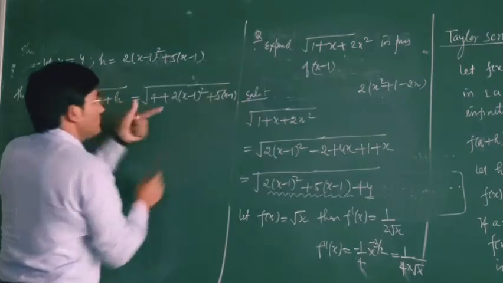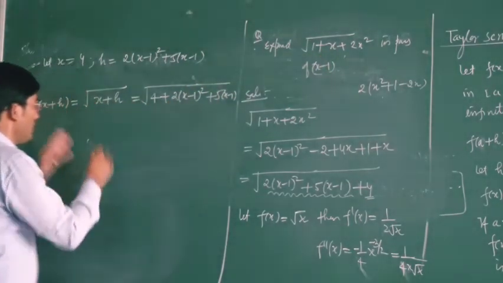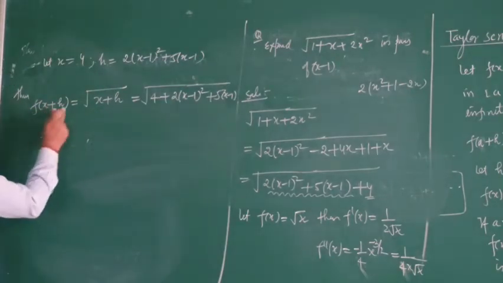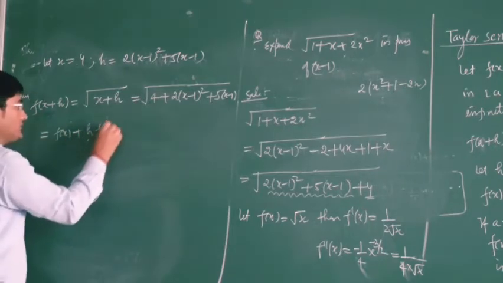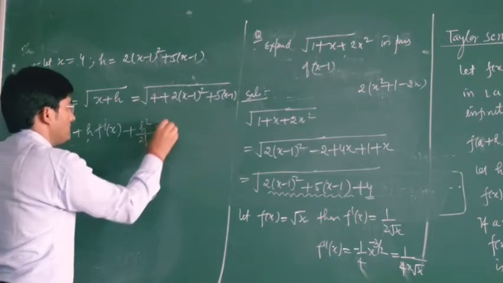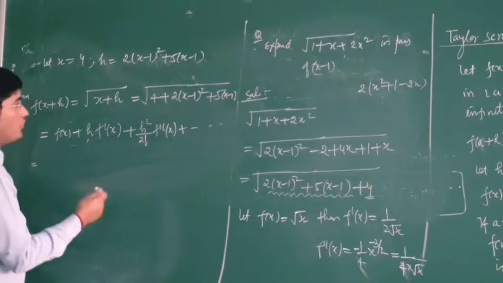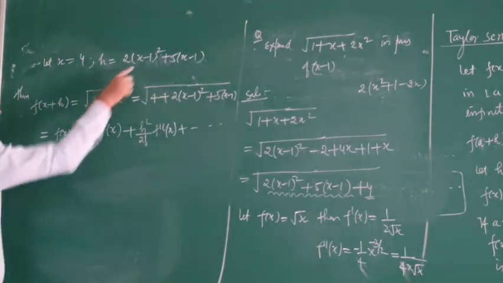and this is same as square root of 1 plus x plus 2x square. Now with the help of Taylor's expansion we can expand this term. So this is equal to f(x) plus h f dash x plus h square upon factorial 2 f double dash x and so on. So your f(x) means f(4) because our x is 4. So the first term will be f(4), plus h is this one.